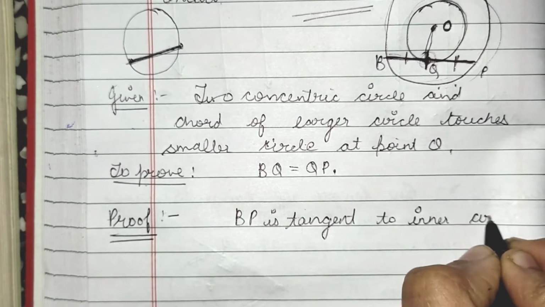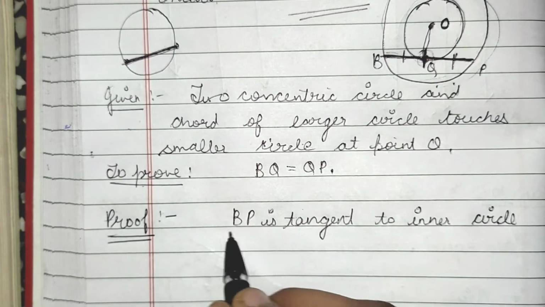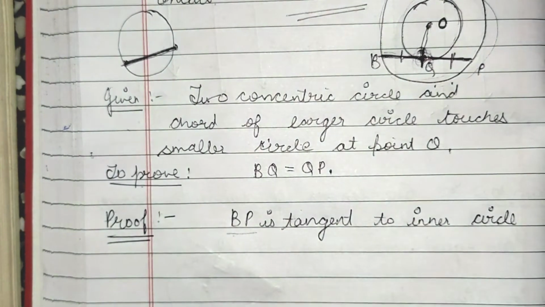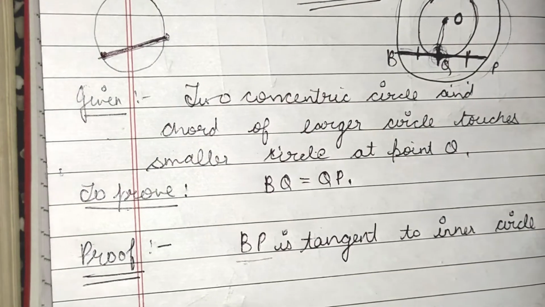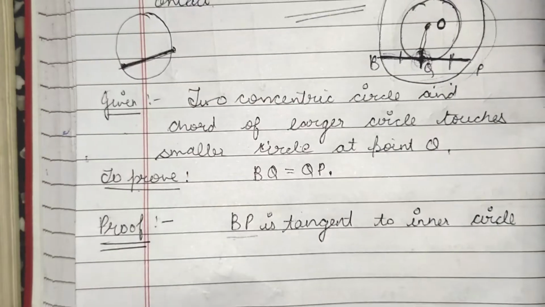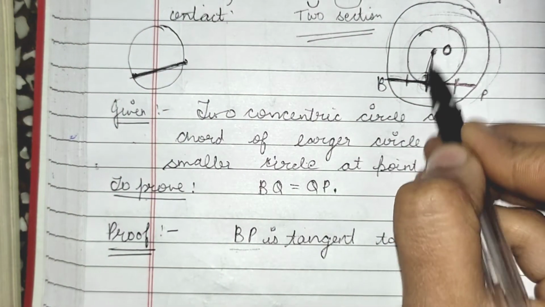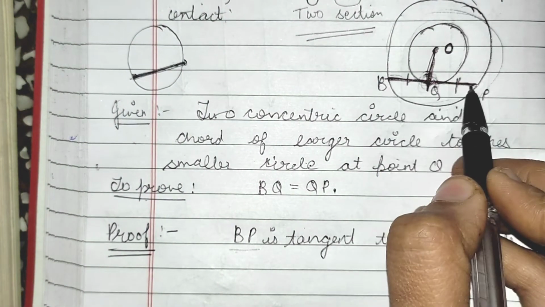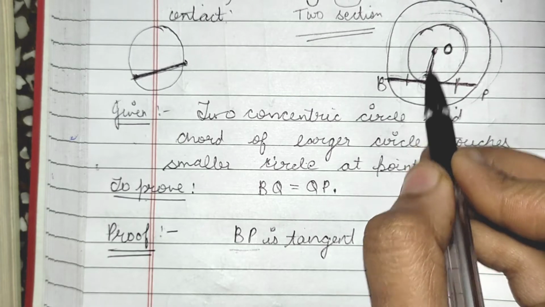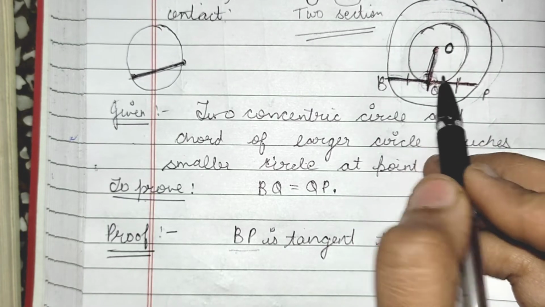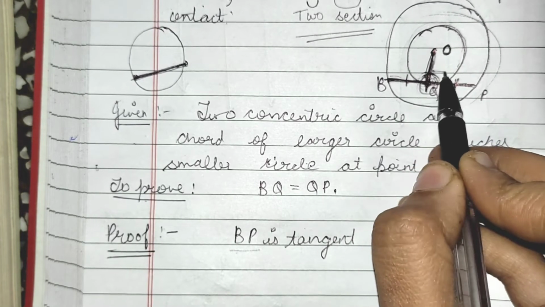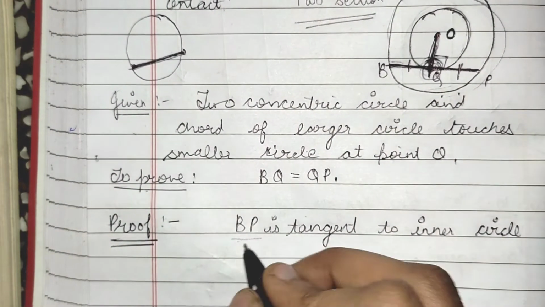Because it is touching the inner circle at only one point, which is Q. Point of contact is what? Q only, right? So we have studied in theorem 10.1 that any radius of the circle drawn at the point of contact of a tangent makes an angle of 90 degree.